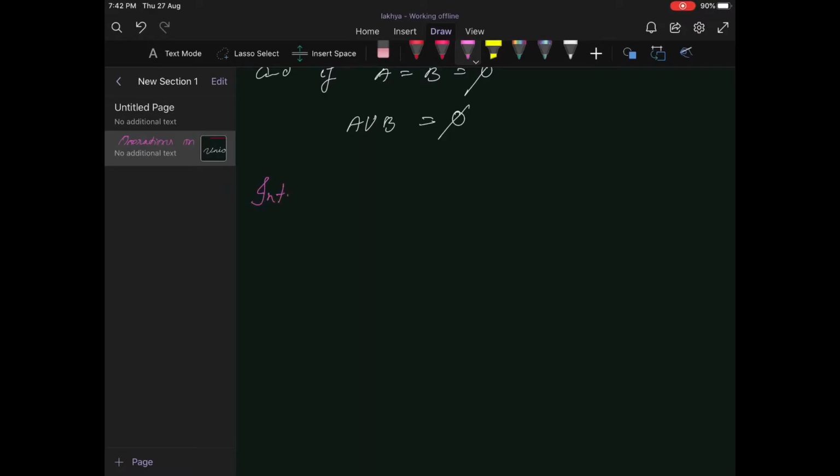Now we are going to discuss intersection of two sets. So how to find intersection?